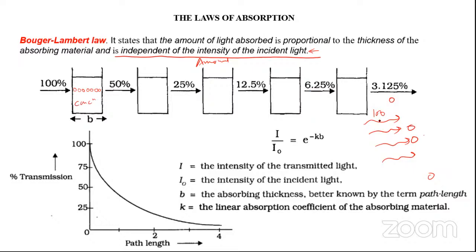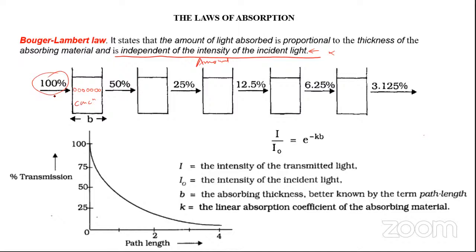Now, as I am successful enough to convince all of you, let me tell you that this is not the actual reason for stating that it is independent of the intensity of incident light. The reason is given in front of you.